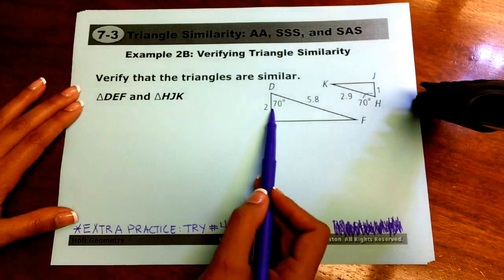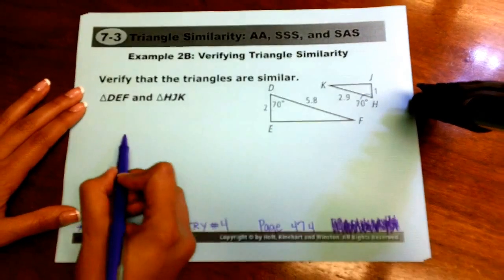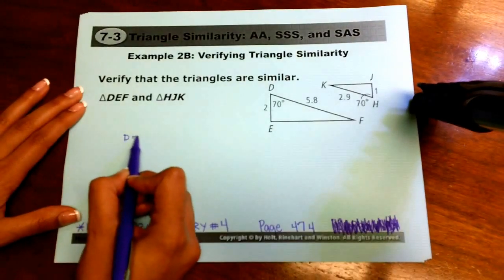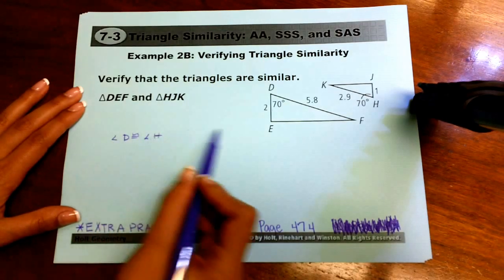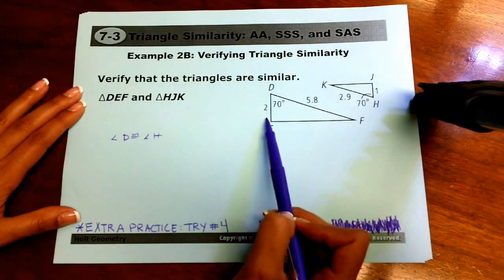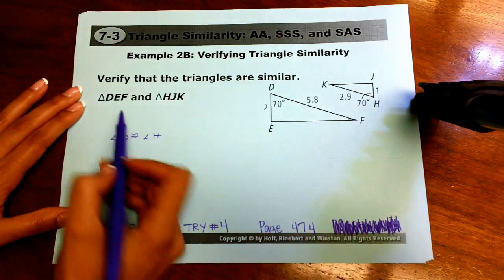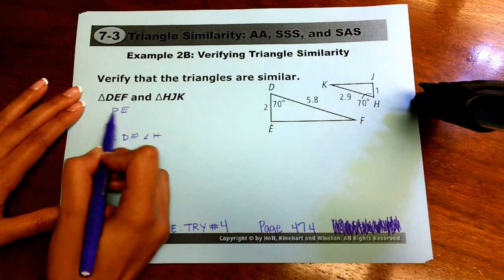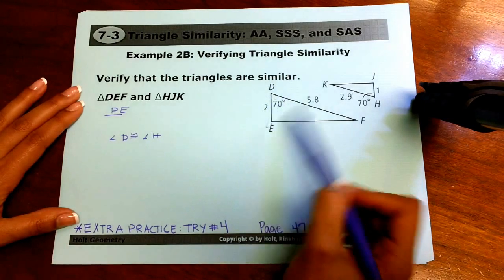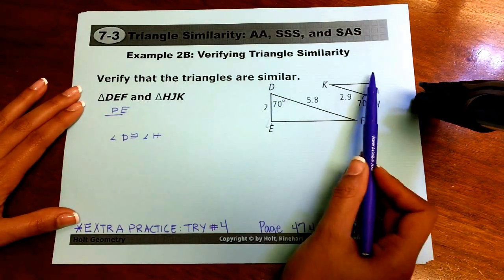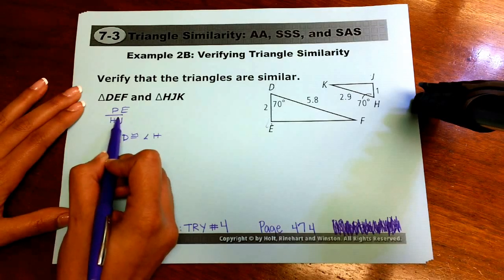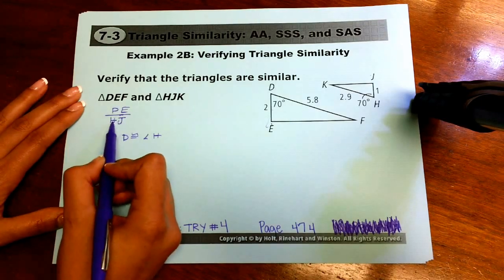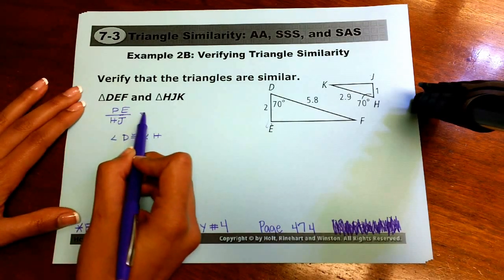So angle D and angle H are congruent. I have side DE to HJ. And I had to write HJ, not JH, because D and H are the angles that are congruent.